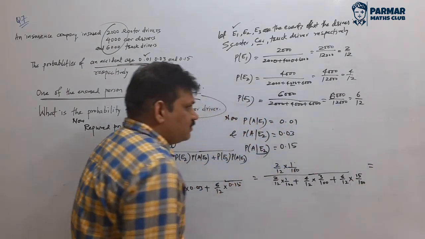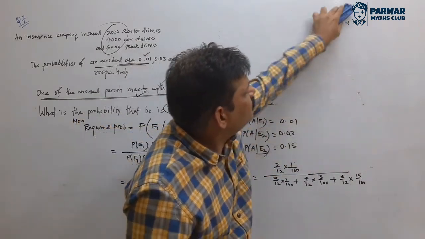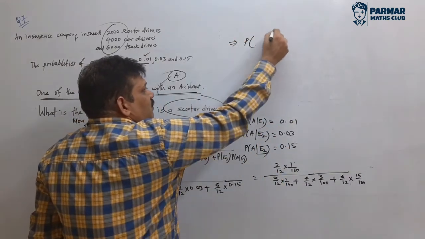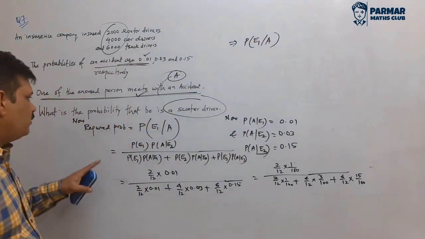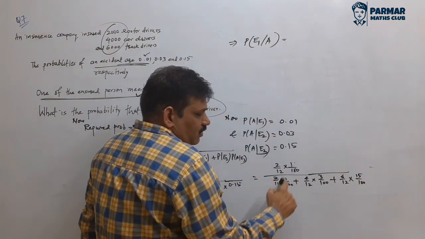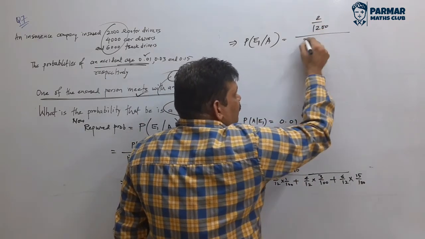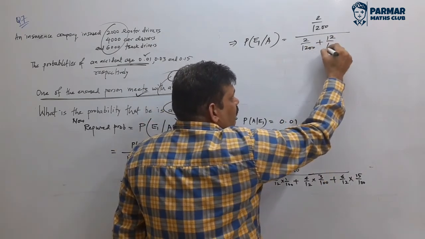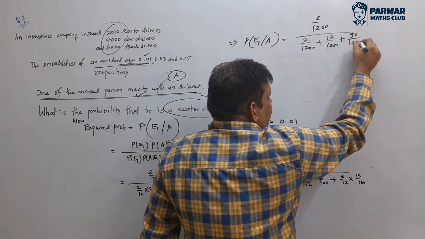So this will give us the required probability, that is, the accident has happened. What is the probability that it is a scooter driver? Probability of E1 given A is equal to, final calculation: 1200 will be cancelled out, so 2 upon 1200, upon 2 plus 4 3s are 12 upon 1200, plus 6 15s are 90 upon 1200.